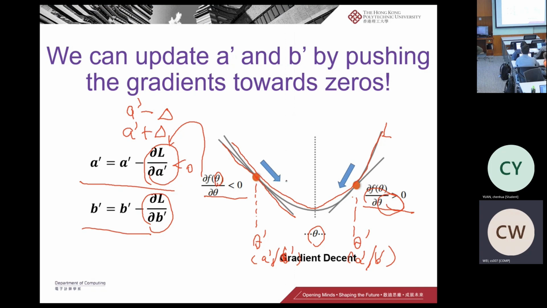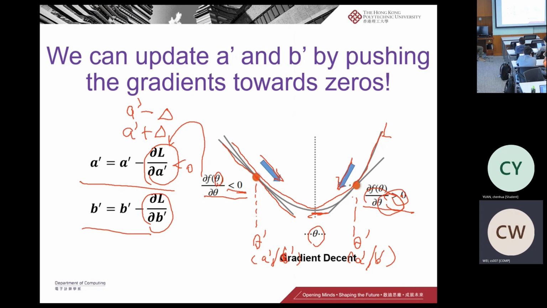So when it's less than 0, it pushes the parameter selection towards this direction, towards the bottom. And when it's greater than 0, it will push the selection of that parameter towards the bottom as well.